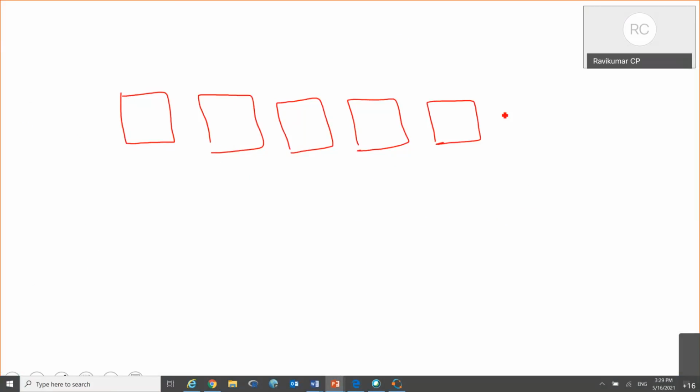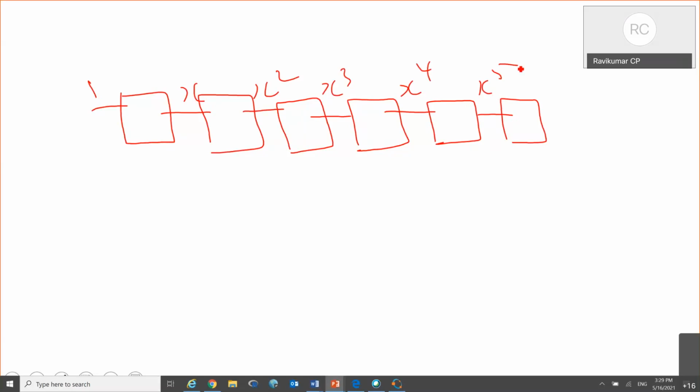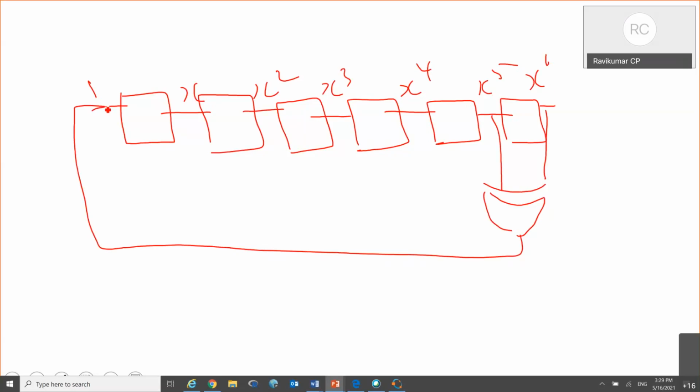So I'll have 6 flip-flops or 7 flip-flops, depending on whether I want to. Let us say 6. So as I told you, this means 1, x square, x cube, x power 4, x power 5, and x power 6. And in this case, they are saying x power 5 and x power 6 are being taken and being connected to 1. So this means 1 plus x power 5 plus x power 6.